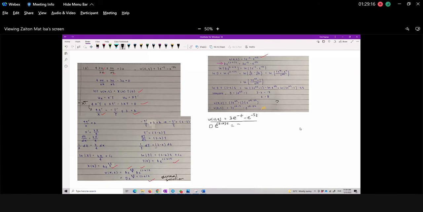So this will equal this one, minus e to the minus 5t.